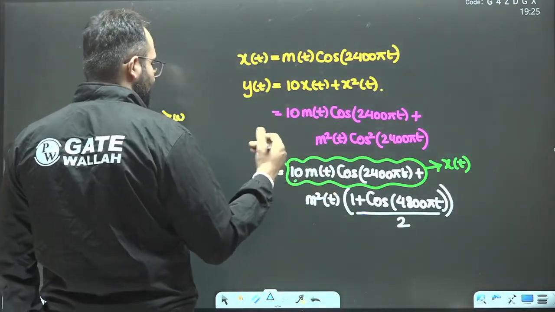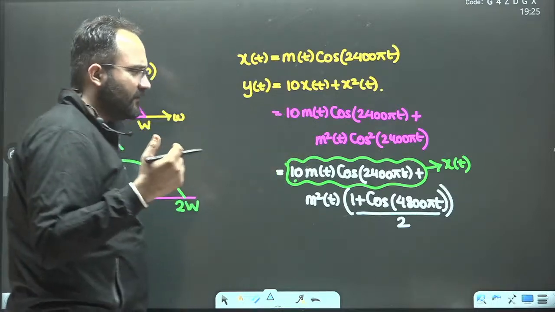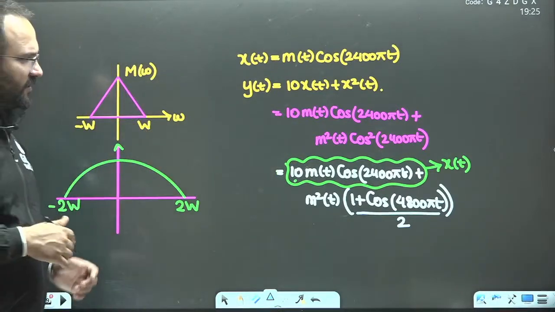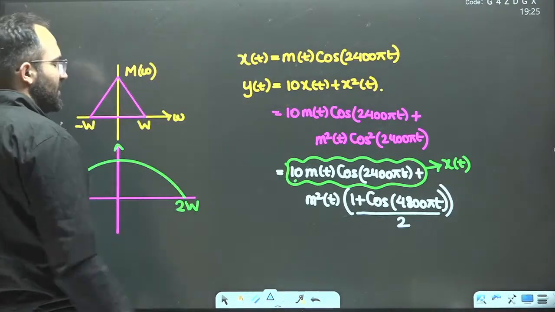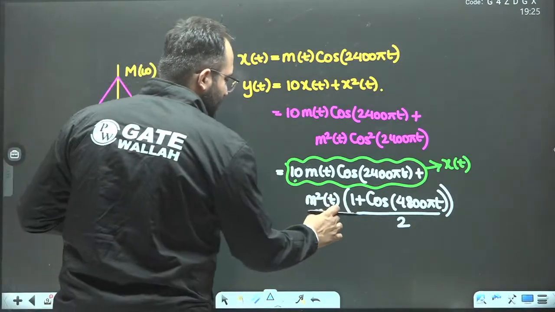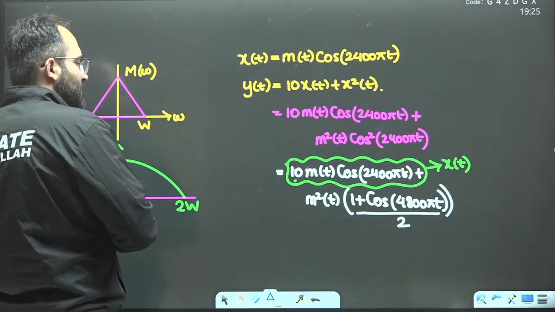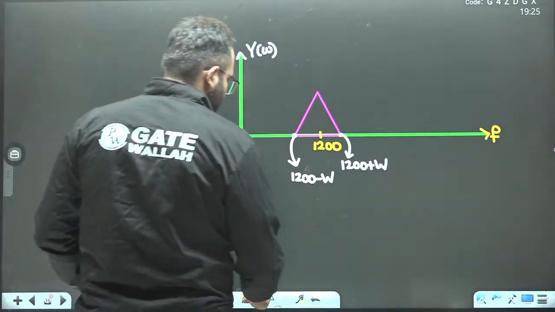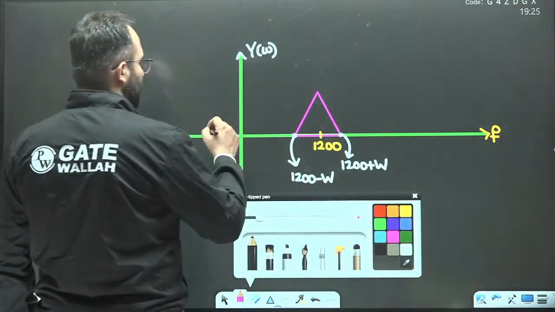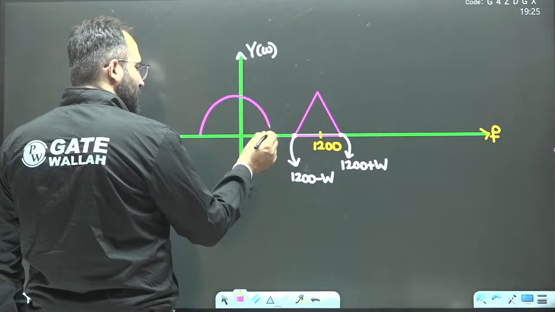This is 10 m(t) cos of 2400 pi t. So we have drawn M(omega) at 1200 hertz. Now let's see this term. This term is m square t multiplied by 1. So it will have an M(omega) Fourier transform at the origin.